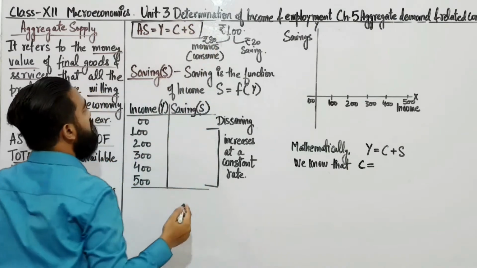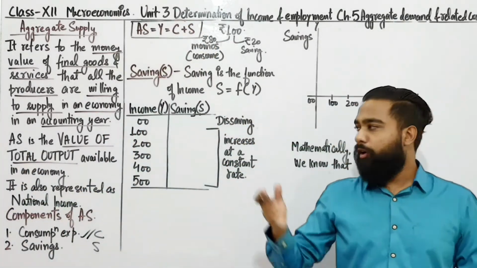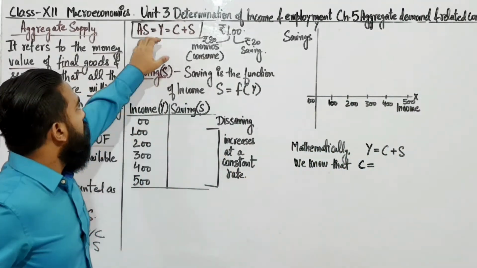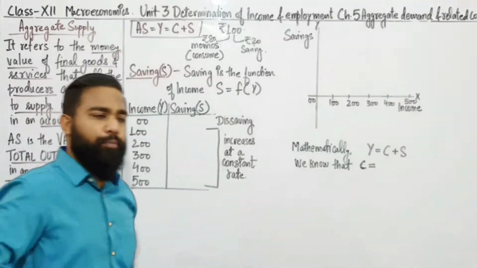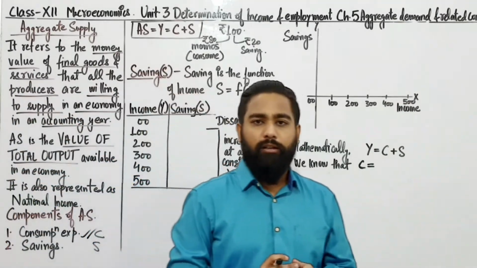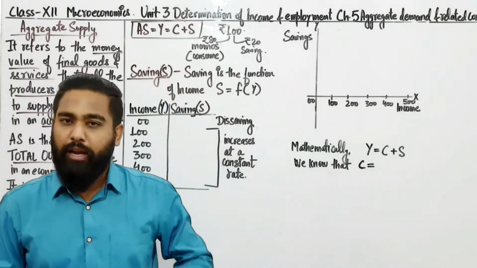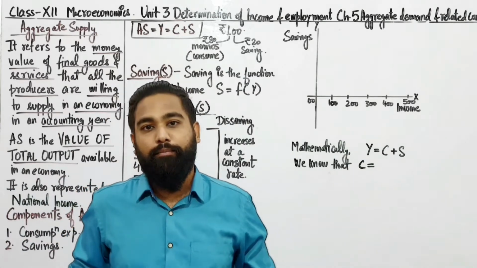Now, how are consumption and savings components of aggregate supply? You have got national income. If you have 100 rupees, what can you do with that? Either you can spend that money on consumption, or you can save it.